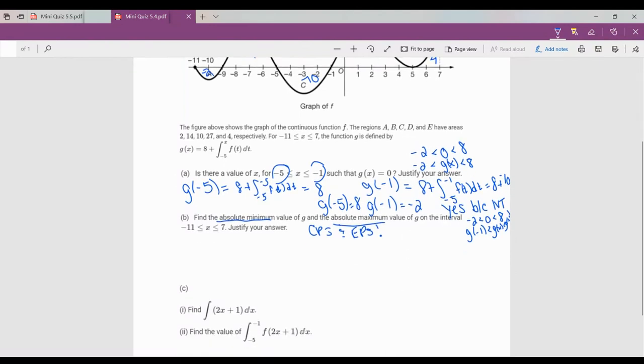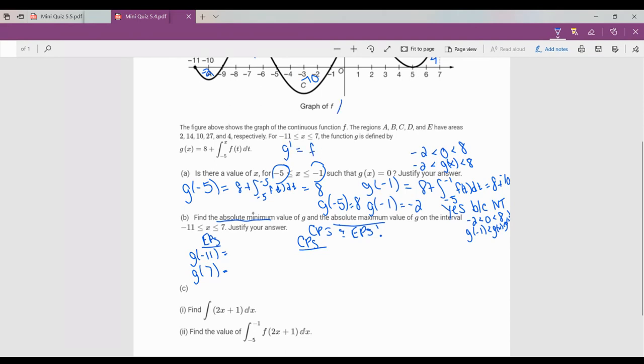The endpoints are g of -11 and g of 7. And then we need the critical points of g. When we take the derivative of g, g prime equals f.